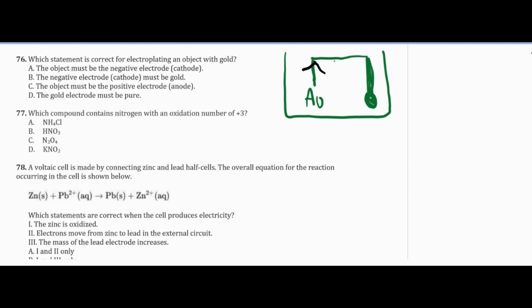What that tells us is the electrons will be moving this way, towards the spoon, so that we can electroplate it. So that means this will be the anode, where oxidation takes place. So then our answer will be, let's have a look. A, the object must be the negative electrode, the cathode. Yes, it will be A.